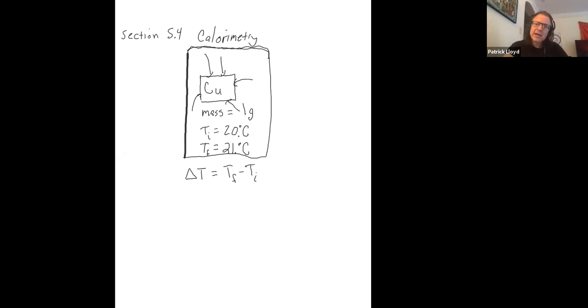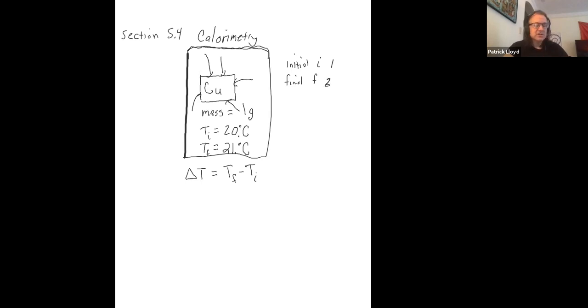Now, I want to point out that different people will use different notations. I don't particularly like I and F, but that's fine. Initial and final makes intuitive sense. Sometimes people will use a 1 and a 2.